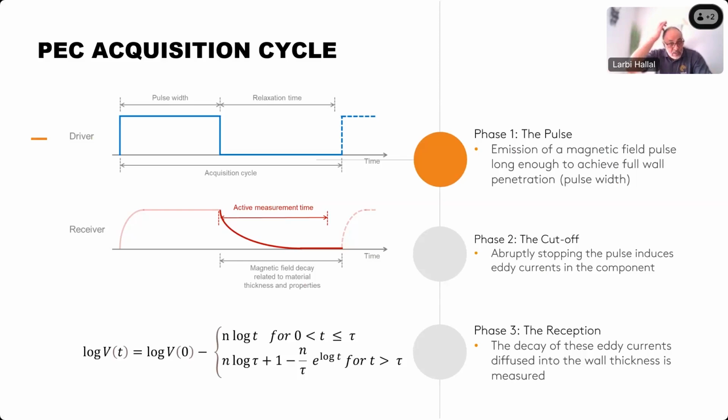Once we estimate that the component is fully saturated, we will cut off the pulse, and this will generate the eddy current. So this will create an eddy current inside the piece. The next step is the measurement of the decay time of the eddy current. So while the eddy current will vanish, we measure this decay time, and this decay time will be converted into a wall thickness at the end.